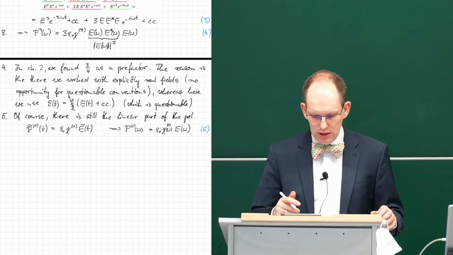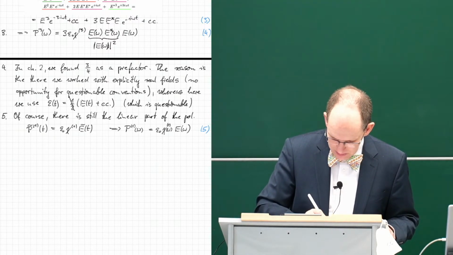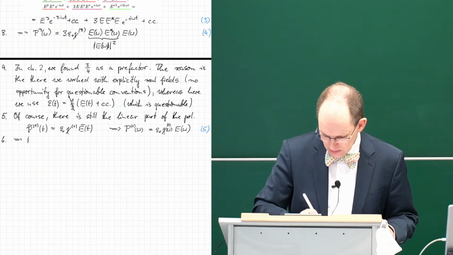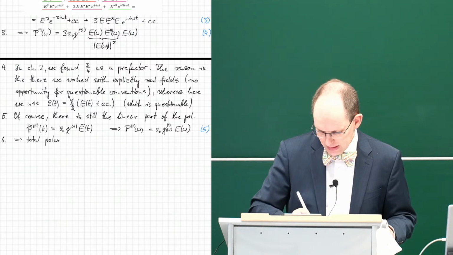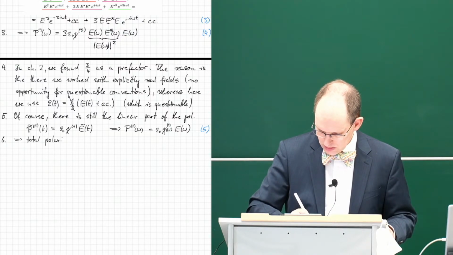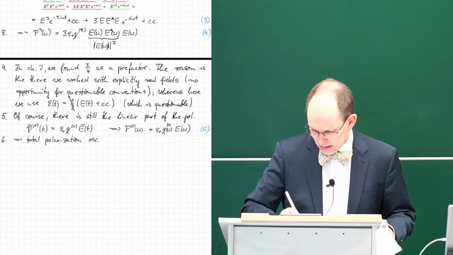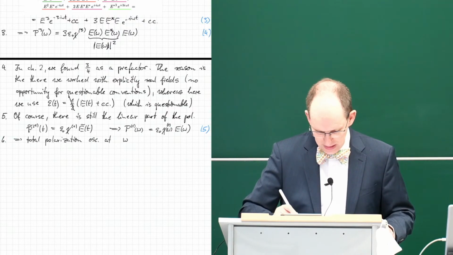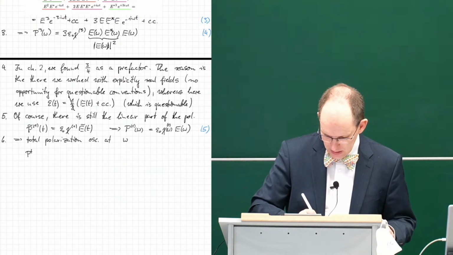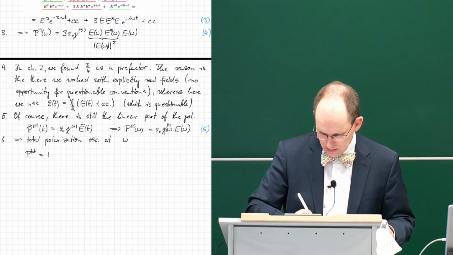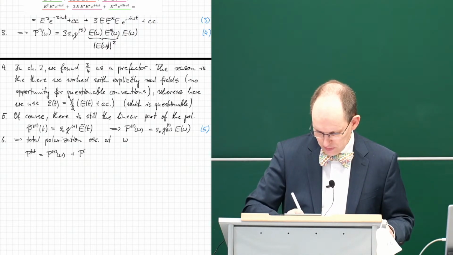And then we can write down the total polarization. So the total polarization oscillating at omega, at the fundamental. This is given by P total is equal to P1 of omega plus P3 of omega.